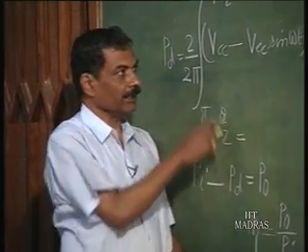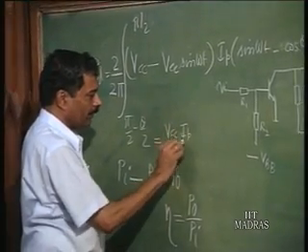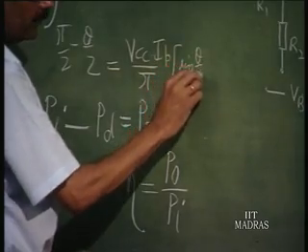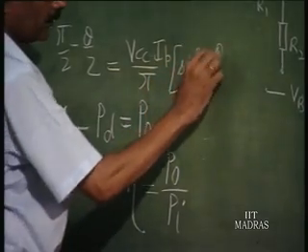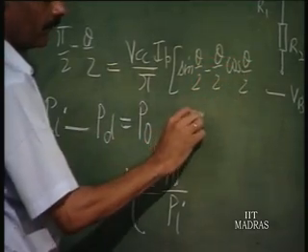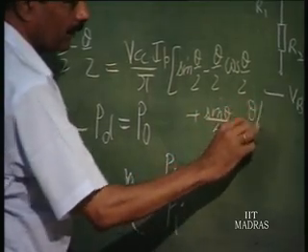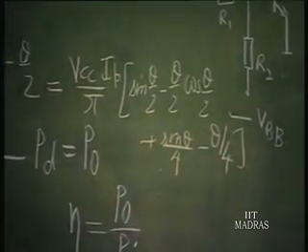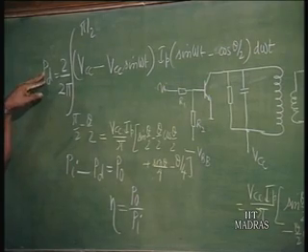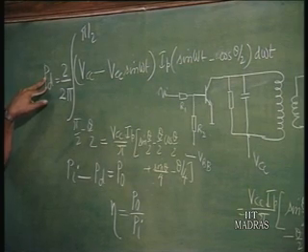If you work out this integral, it will come out to be VCC Ip by pi into sin theta by 2 minus theta by 2 cos theta by 2 plus sin theta by 4 minus theta by 4. This is the average power dissipated in the transistor.